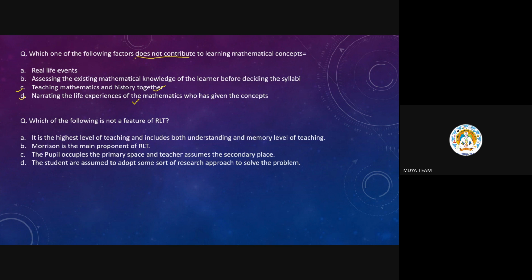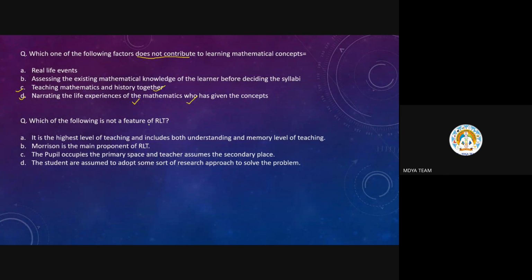That is the main thing: it does not contribute. If you are teaching mathematics, they are learning. If you are teaching mathematics and history together, is there any positive outcome? Does this contribute any single thing? No, it doesn't. So that is why it is C.